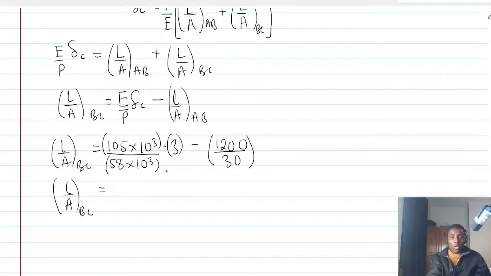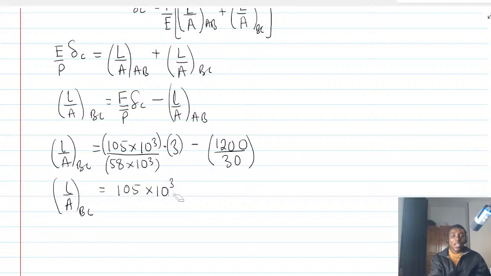To avoid any confusion, let's rather do this. So 105 multiplied by 10 to the power 3.